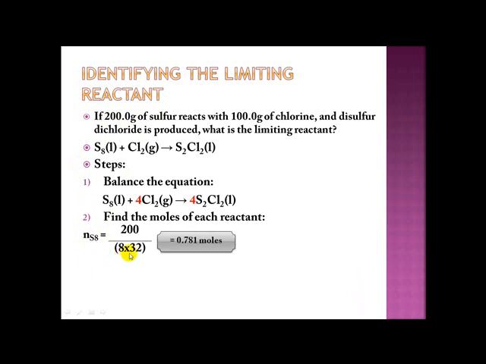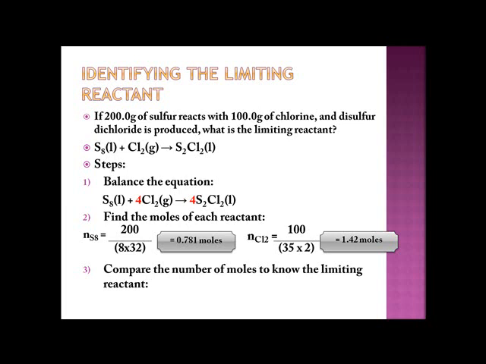And the answer will be 0.781 moles. For nCl2 it's the same, m over M. It will be 100 grams, which is the mass given, over 35 times 2, which is its molar mass. The answer will be 1.42 moles.